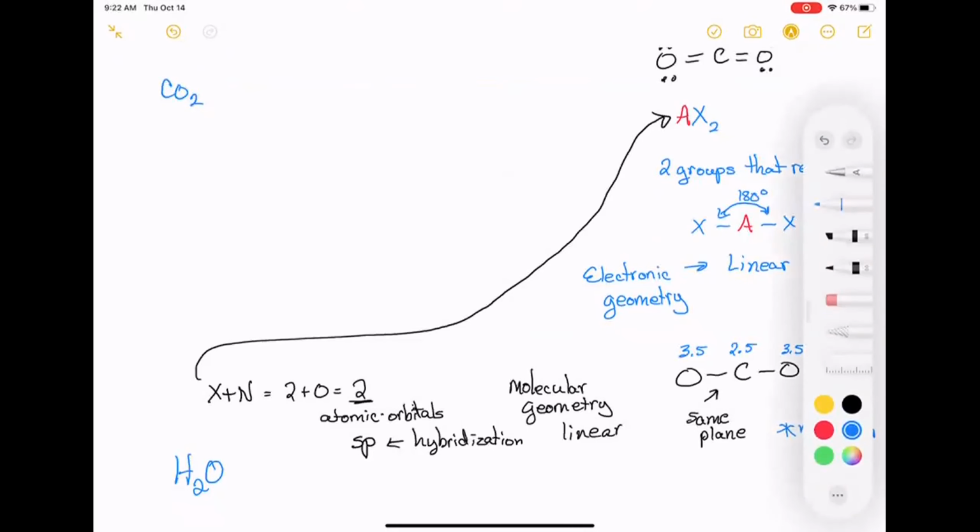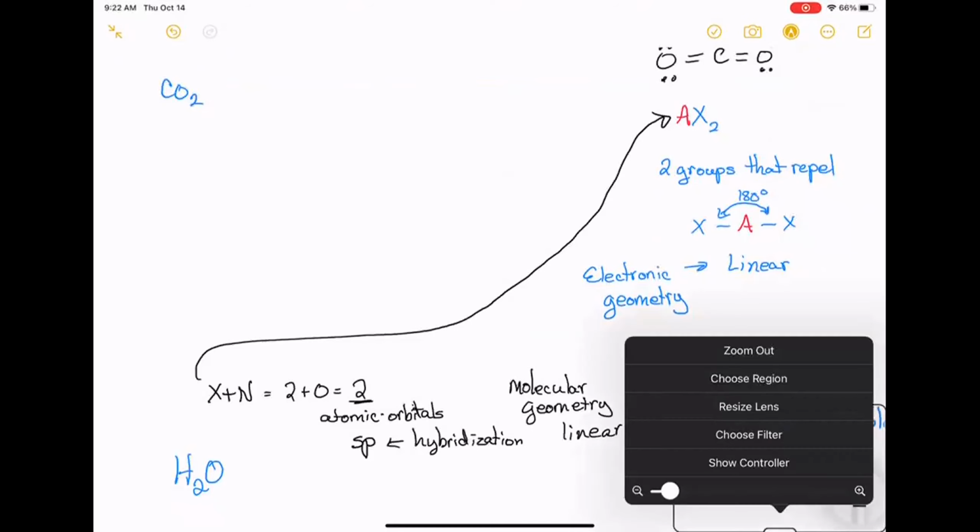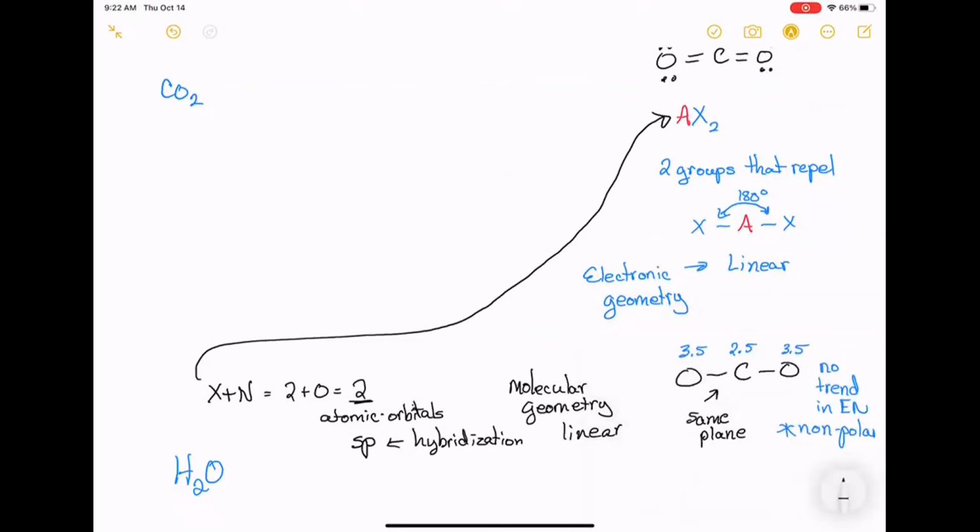Finally, we need to look at our bonds. We have a C double bond O on each of them. Remember that the very first bond between two atoms is a sigma, and the next bond is a pi.